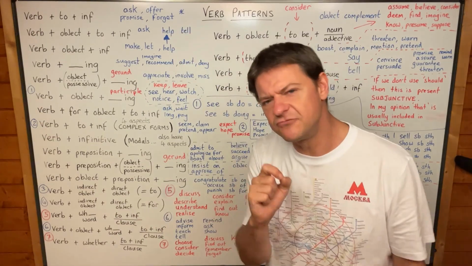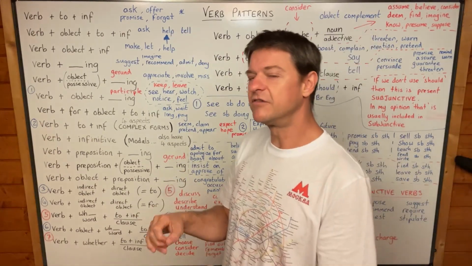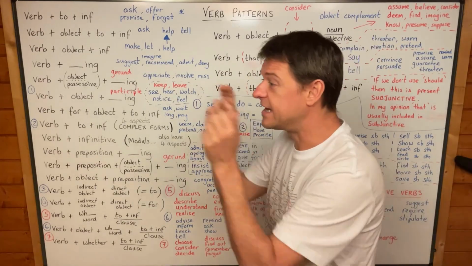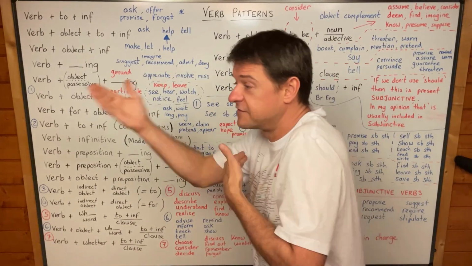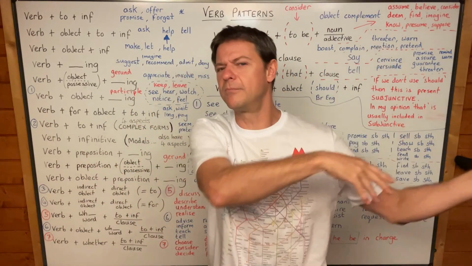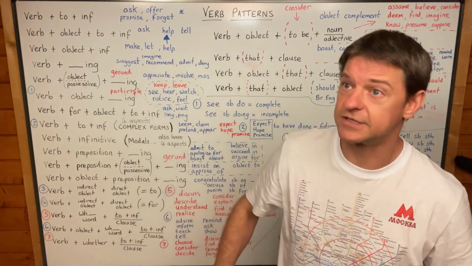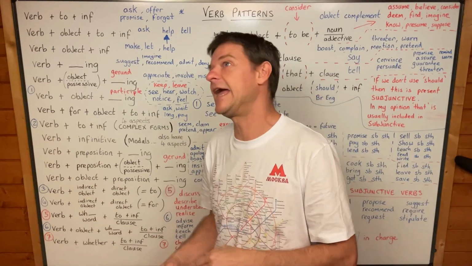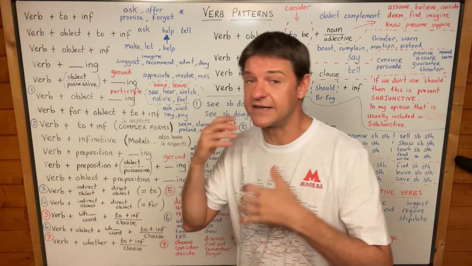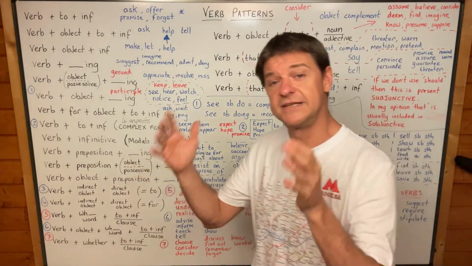And forget and remember are tricky because usually it's forget to do, remember to do, because you're thinking about something after the moment of forgetting or remembering. But if you are casting your mind back to your childhood, then it's I'll never forget drinking my first beer, smoking my first cigarette, kissing my first girlfriend.